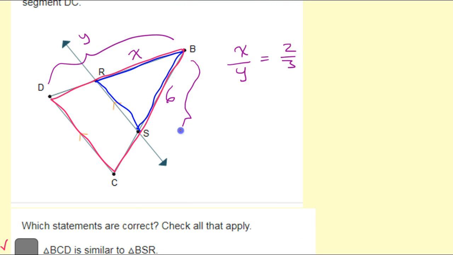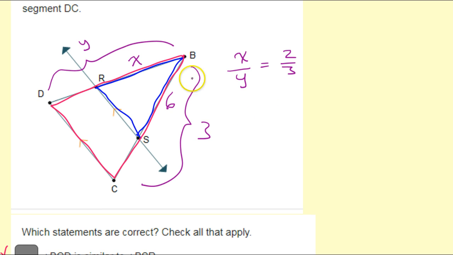So let's set up an equation and see. So the equation would be part over whole is equal to part over whole. So X over Y, that's part over whole, is equal to part over whole on the right hand side, which would be 6 over 3.